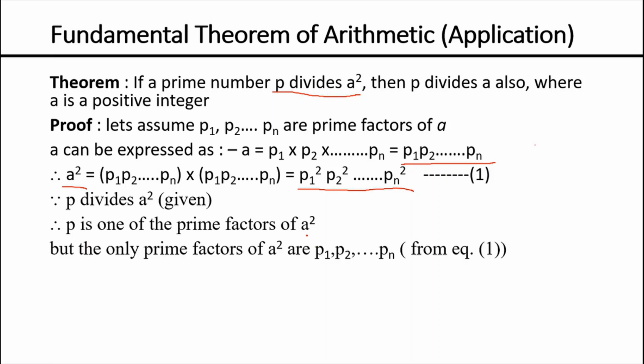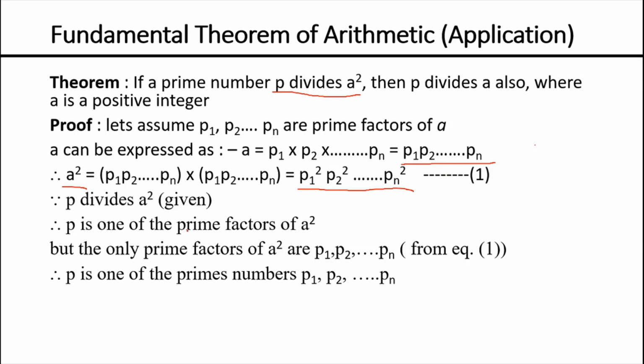Since p divides a squared, p is one of the prime factors of a squared. But we know that the only prime factors of a squared are p1, p2, p3 up to pn, and this is evident from equation number 1. From this equation we can see that p1, p2, p3 up to pn are the only possible prime factors of a squared. Therefore, p is one of the prime numbers p1, p2, p3, up to pn.